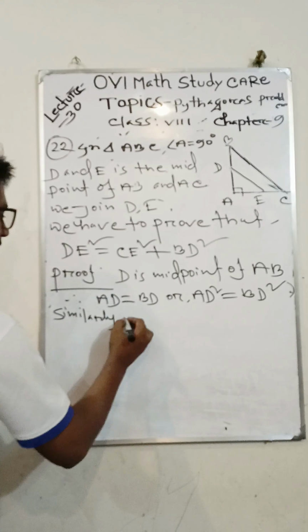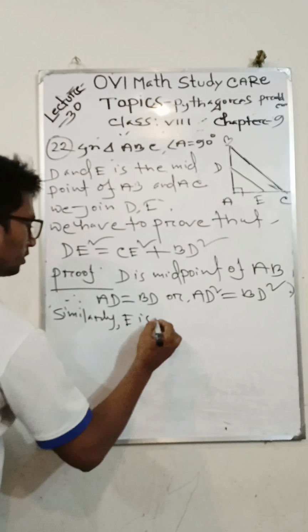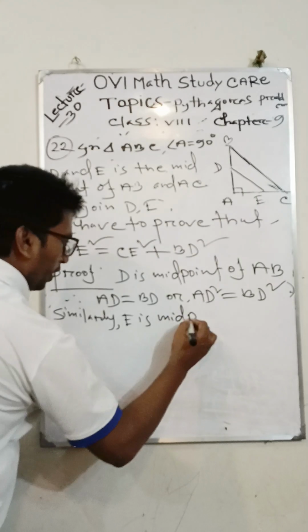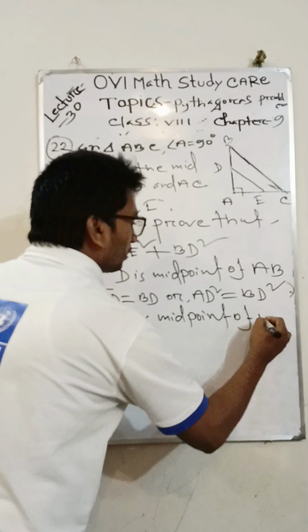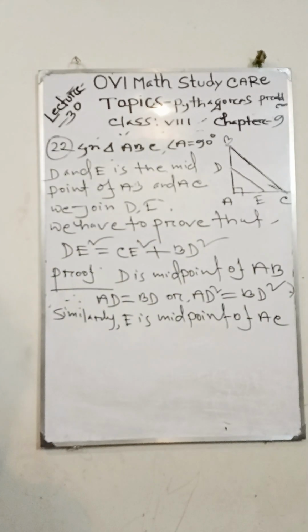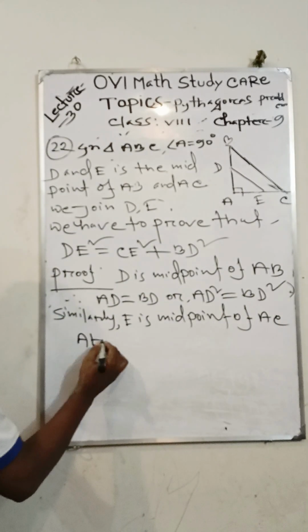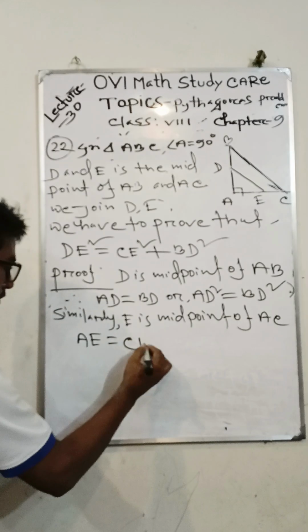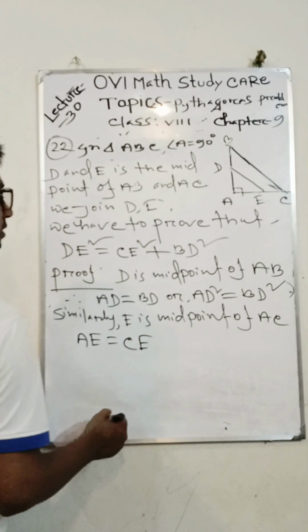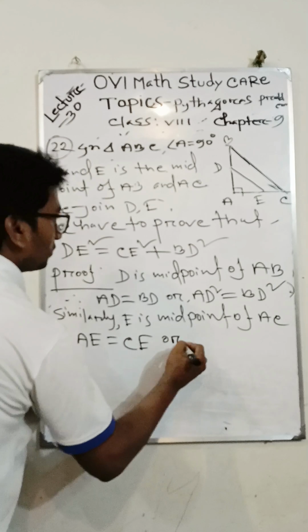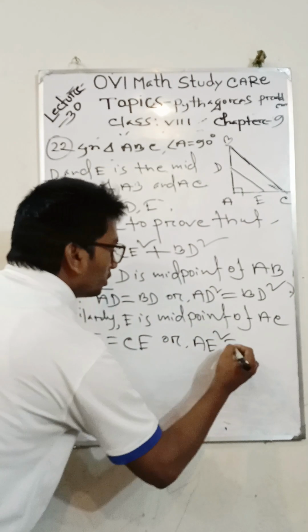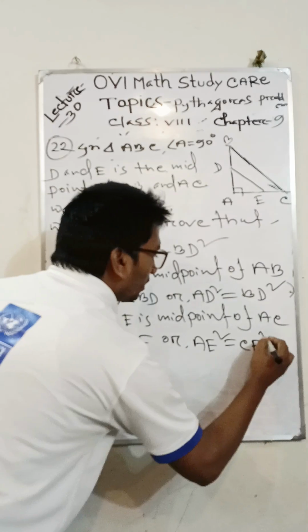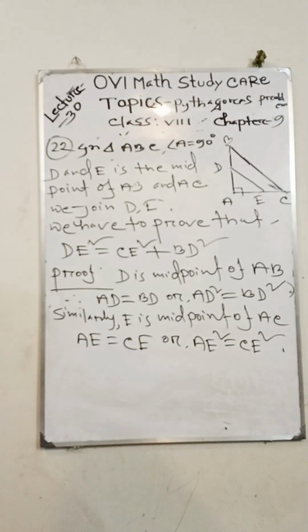Therefore we can write AE equal to CE, or AE square equal to CE square are same.